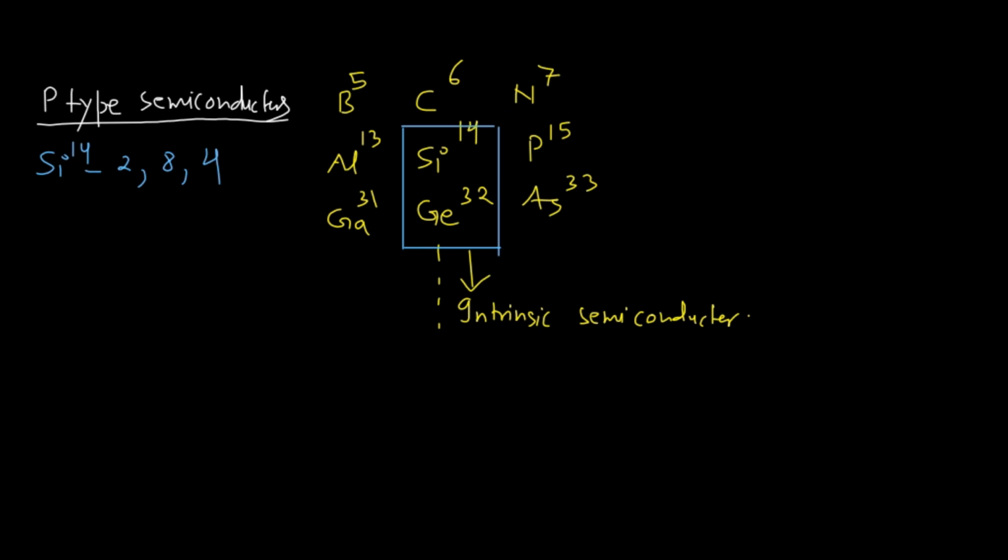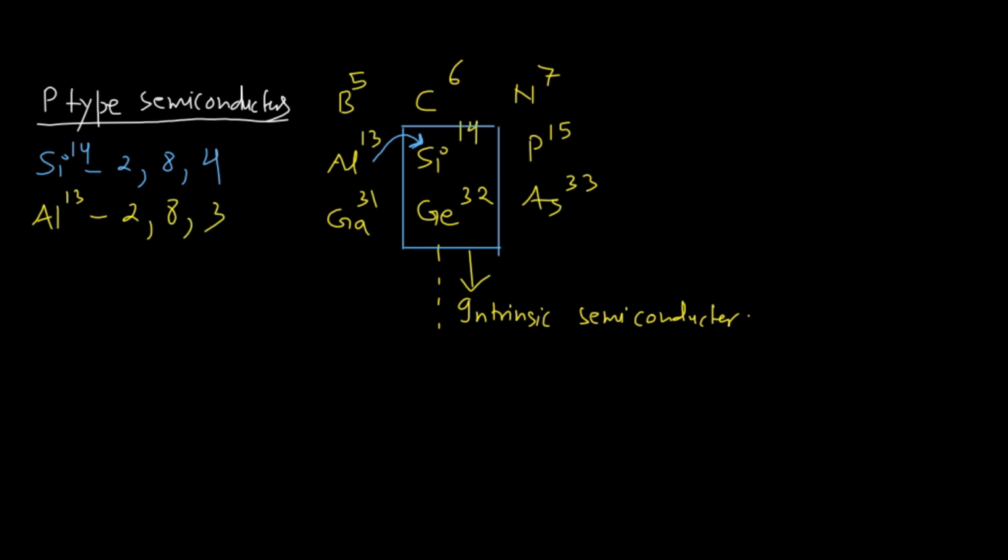And now what I am doing to this silicon, I am adding the impurity of a little aluminium. So the moment I add aluminium to it, aluminium has atomic number 13. If you write the configuration, 2, 8, and 3, right? So this is the configuration.